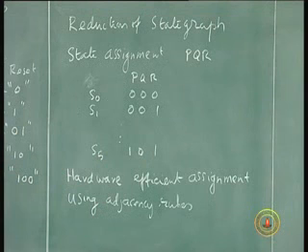Then you go to the state assignment, either arbitrary or efficient assignment, and then the logic design using hardware. So maybe we will use the same problem and only change this to Moore.